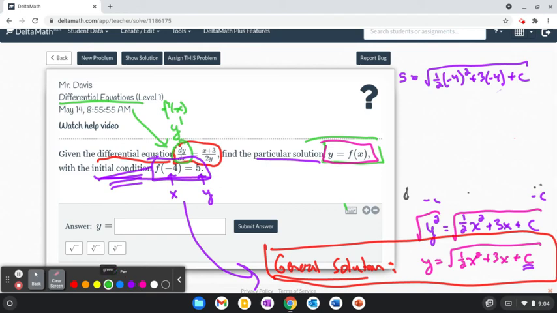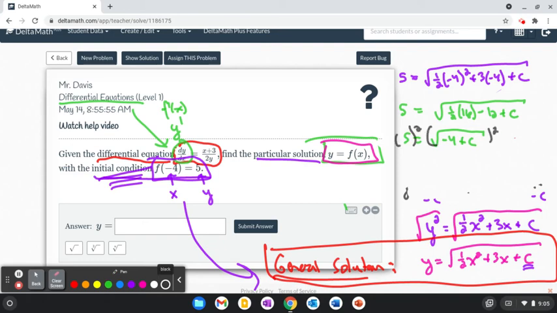So just doing some algebra here, we get 5 equals square root of 1/2 times 16 minus 12 plus c. All right, so then we get 5 equals, that's going to give us 8 minus 12, so it'd be -4 plus c. All right, and again, we're trying to solve for c, so let's go ahead and square both sides. We get 25 equals -4 plus c. We'll then add the 4 over, so c equals 29.